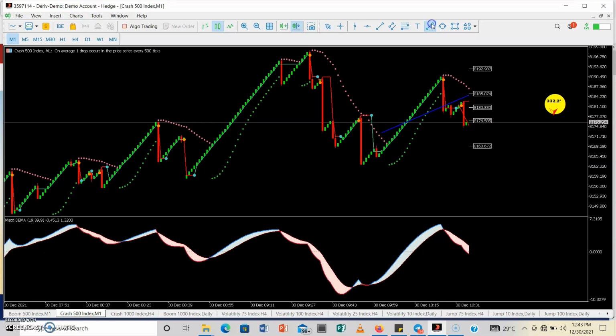In this case, we would enter a sell when this orange dot appeared and this red line, but of course with the spike it will probably appear suddenly. But this is a non-repaint indicator, which means you could have entered a sell at this point. You should enter a sell at this point. The parabolic dots are above the candlesticks, we have this line of defense in red, and we have our radar pointing down, which means all conditions were met, so we're supposed to enter a sell at any of these zones.